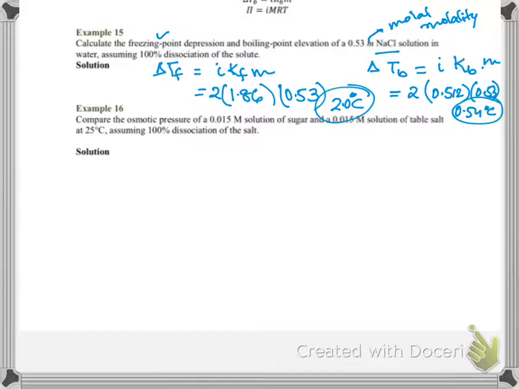The last question: compare the osmotic pressure of a 0.05 molar solution of sugar and 0.015 molar solution of table salt at 25 degrees Celsius, assuming 100% dissociation of the salt. So let's calculate the osmotic pressure for sugar. For sugar, i is equal to 1, because if you are taking 1 unit, it is going to have only 1 unit in the solution because it's a molecule.